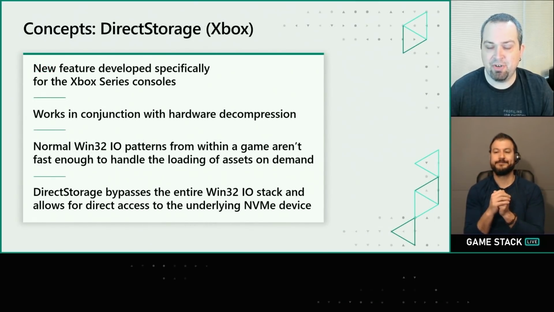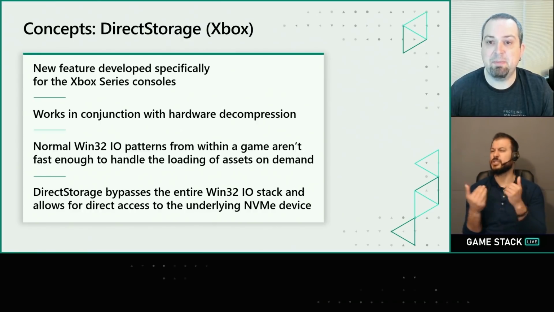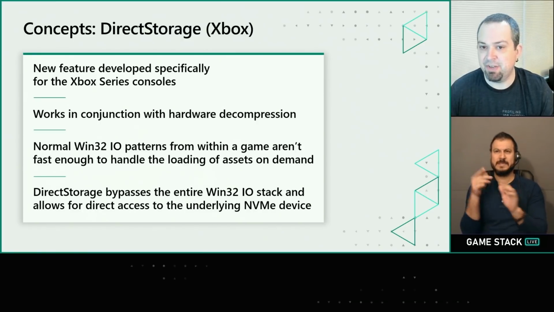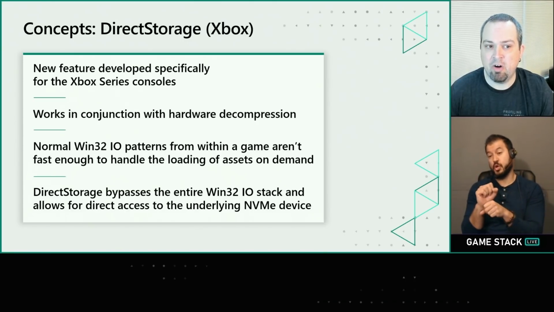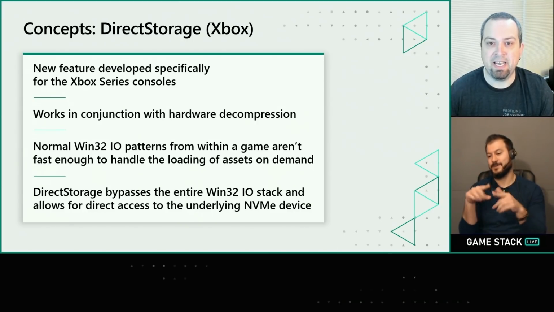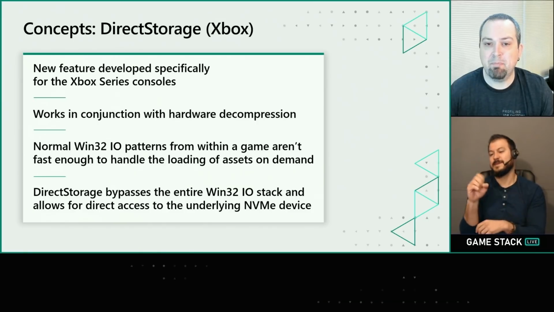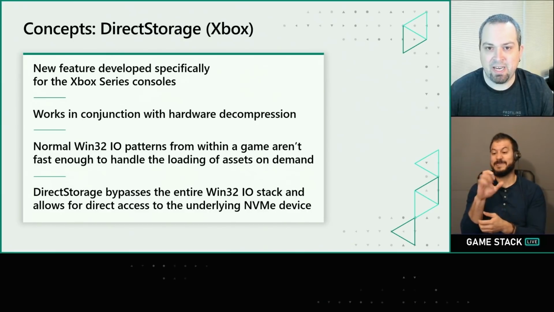I mentioned DirectStorage. DirectStorage is a new feature that we developed specifically for the Xbox series of consoles, and it works hand in hand with hardware decompression to provide direct access to content coming off the SSD. This bypasses the entire Win32 I/O stack and allows for direct access to the underlying device.